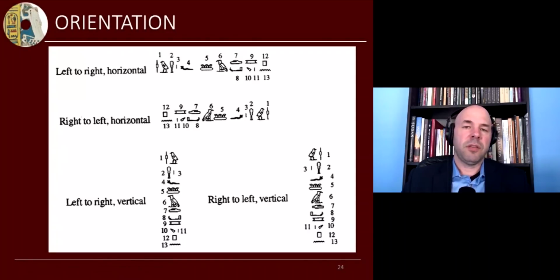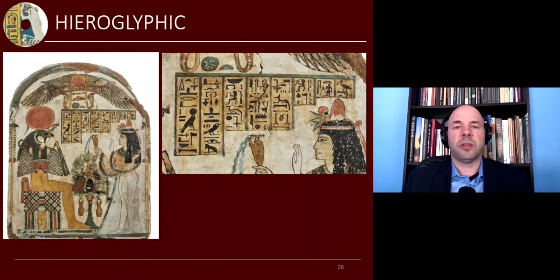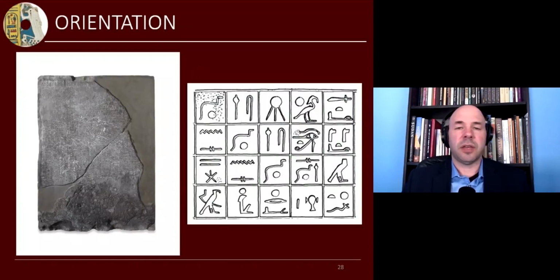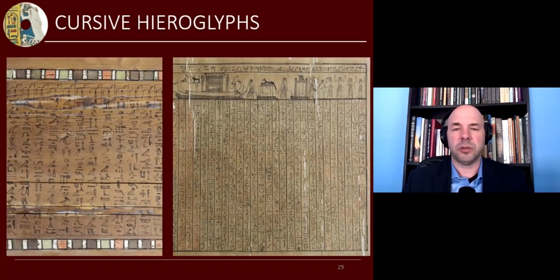So even though we have some general rules about the directions in which you read hieroglyphs, those rules can be broken. And the Egyptians were also very creative, and they have text like this, which is basically a crossword puzzle that you can read left to right, right to left, and top to bottom. They're sort of playing with the hieroglyphic script in this case, but these are exceptions to the general rules.